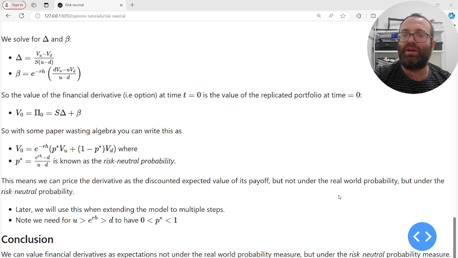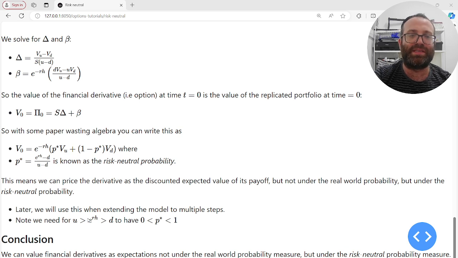This will be very helpful when we extend to multiple steps. This p star has to be between 0 and 1, and that condition makes perfect sense. If it were not true, say e to the rh was greater than u, why on earth would you buy the stock?